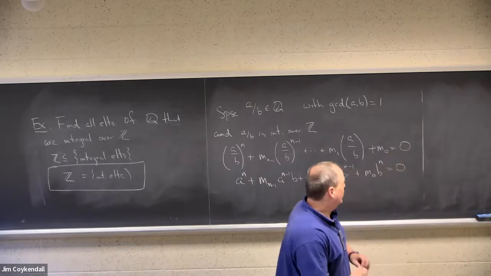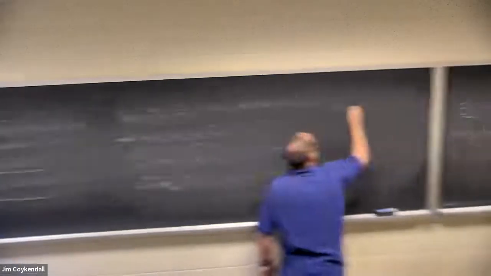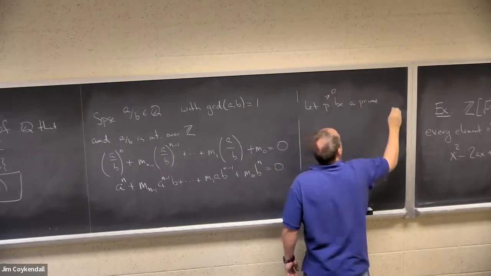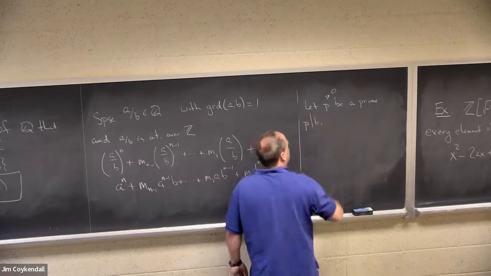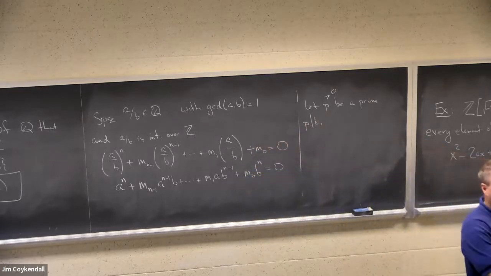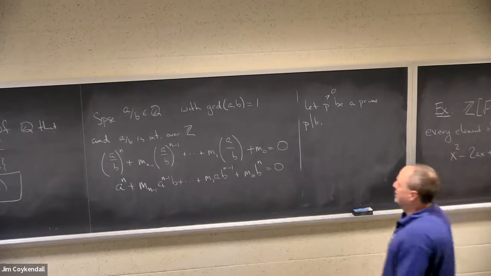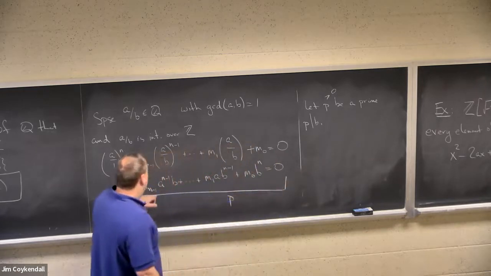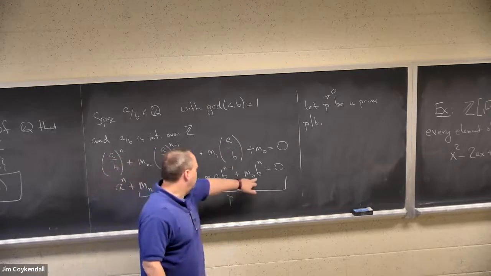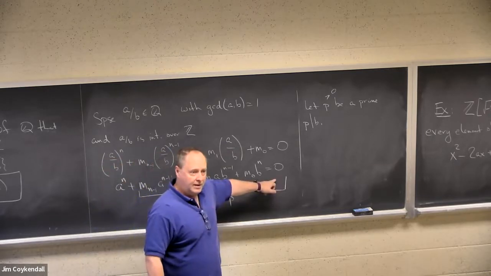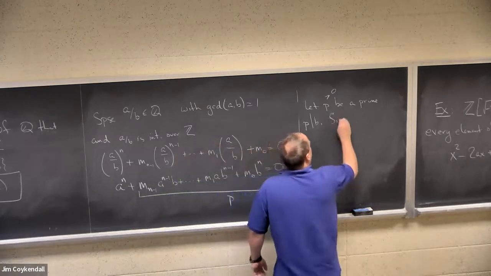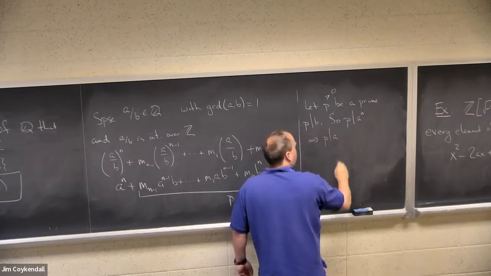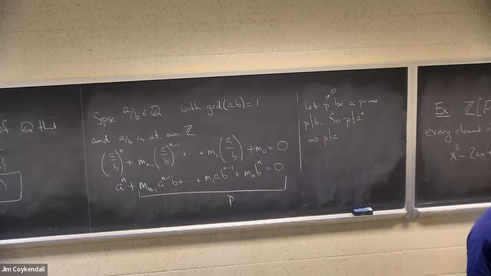Now, let p be a prime bigger than 0 such that p divides b. If p divides b, it divides this incredibly long thing right here, and it divides 0. So p divides a^n, which implies p divides a, because p is prime.